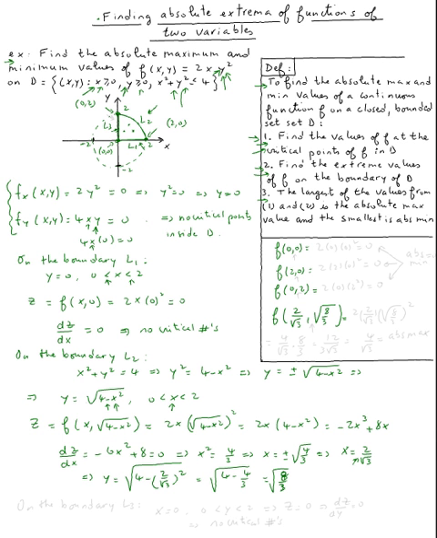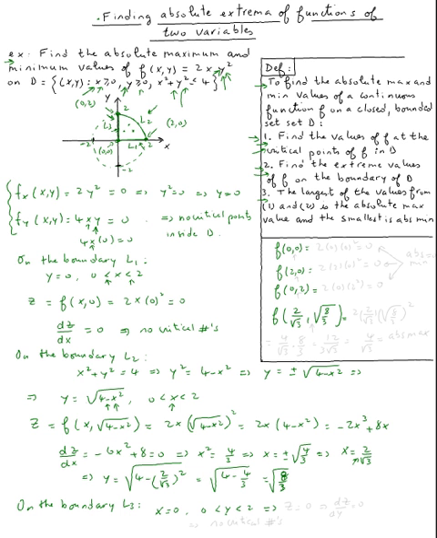Now on the last boundary L3, what do we know about the boundary L3? We know that x is equal to 0, but y is between 0 and 2.